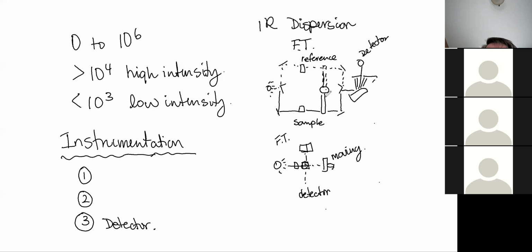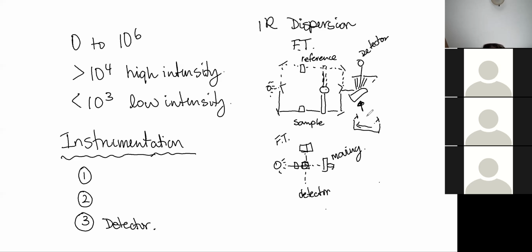We had a beam chopper which would cut the beam, and the light would alternate between going through the reference or going through the sample, and it would hit this thing, which would deflect a certain wavelength of light to the detector. So you'd scan from one wavelength to a different wavelength.